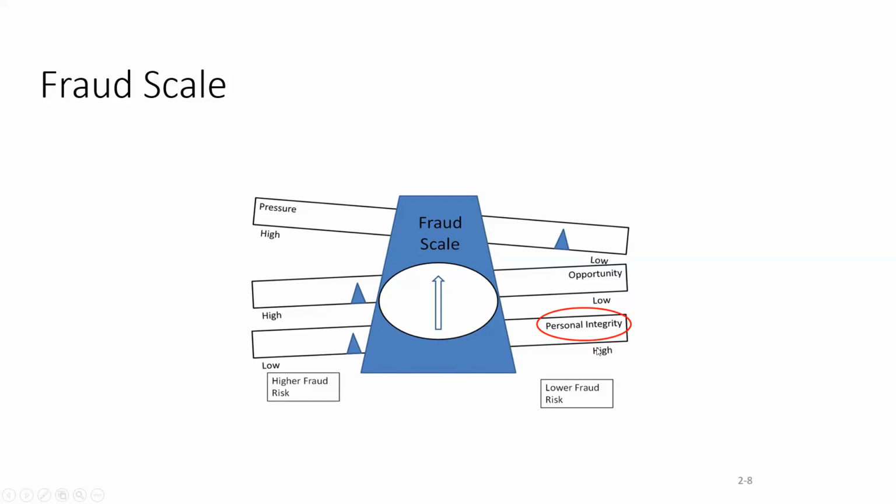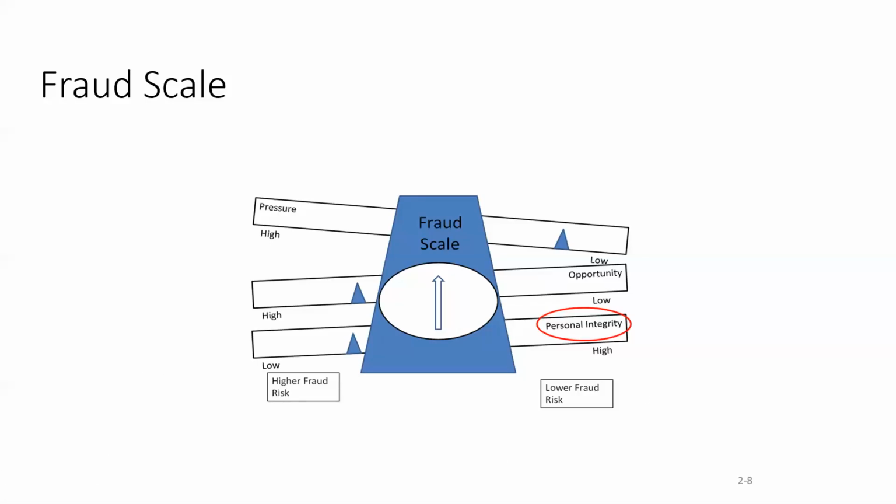When we have high personal integrity, low opportunity, and low pressure, we are less likely to have fraud. When we have low personal integrity, high opportunity, and high pressure, then we have a greater chance of fraud. So we can use this scale to consider our own personal situations and see whether we're in a high fraud or a low fraud risk situation.